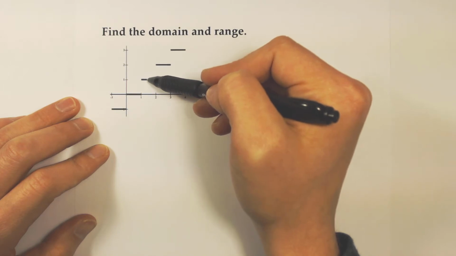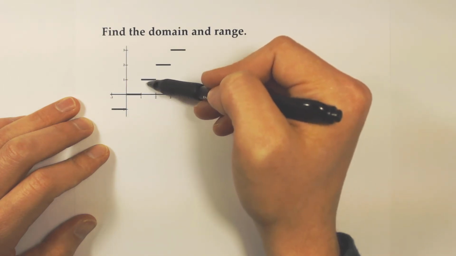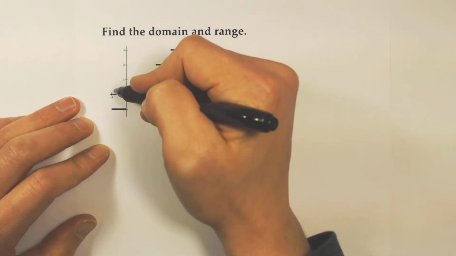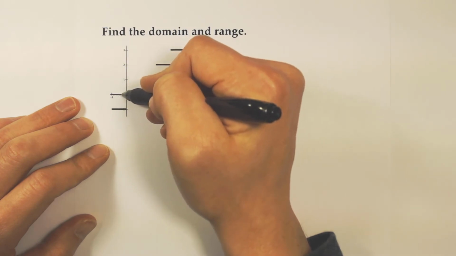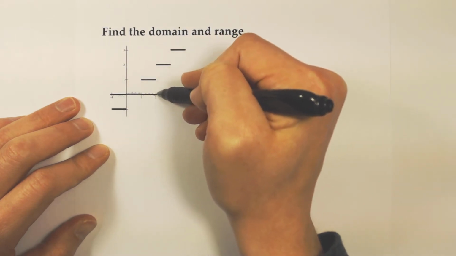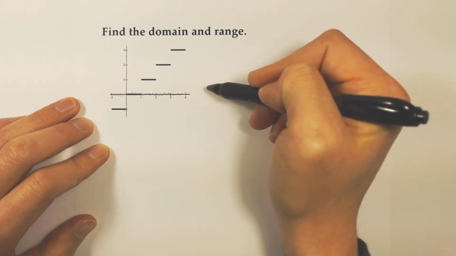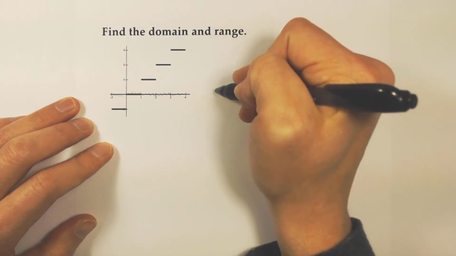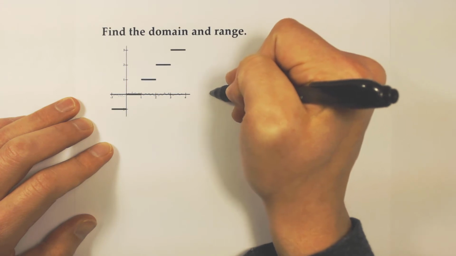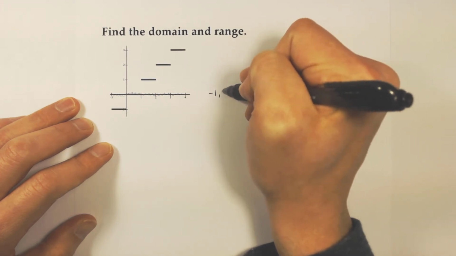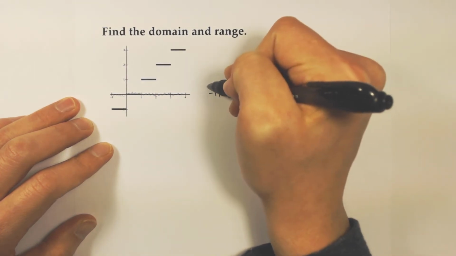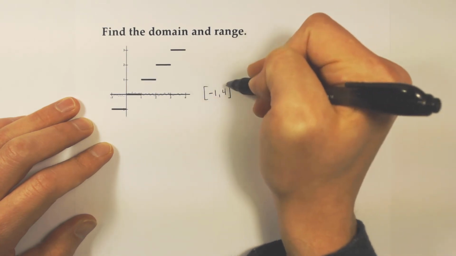Yeah, there's a point up here that has that for its x value. Okay, so the entire x-axis from -1 to 4 is covered by the graph. So the domain takes on all of the x values from -1 to 4, with those endpoints included like that.